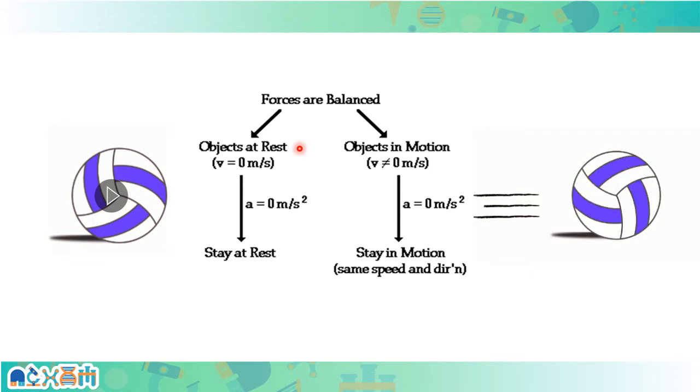There are two clauses or parts to this statement. One is what predicts the behavior of moving objects, and then the other one is what predicts the motion of an object which is already at rest.